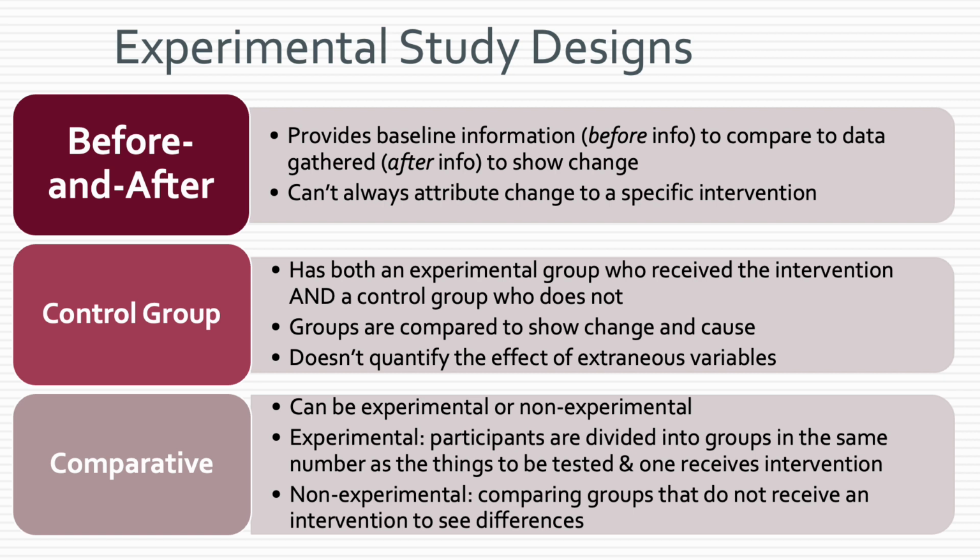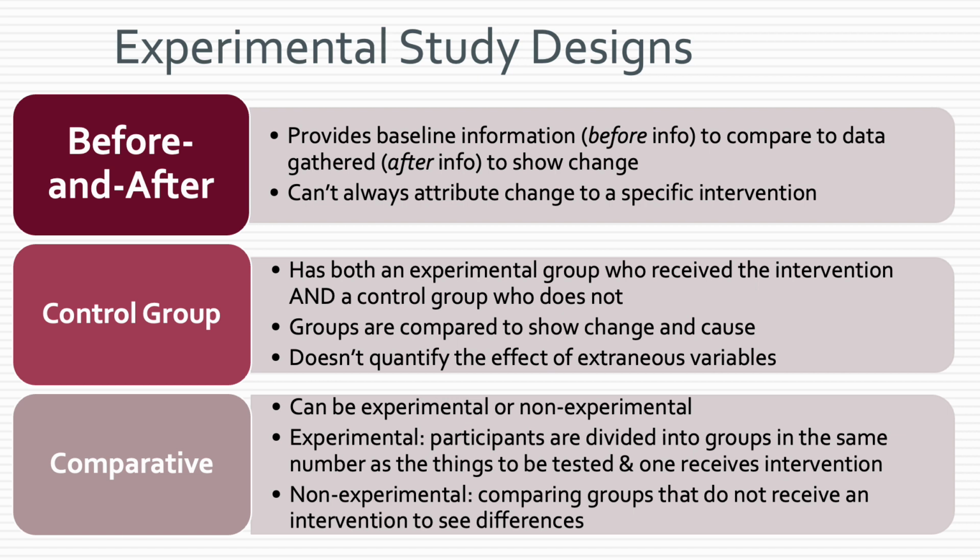Having a control group means you have an experimental group who receives the intervention or the thing that you introduce, and then a control group that doesn't get that intervention or that variable introduced. And then you compare the groups to show cause and effect. But it doesn't always quantify the effects of extraneous variables, which are those variables that you don't know what they are, right? How people feel that day or that kind of thing.